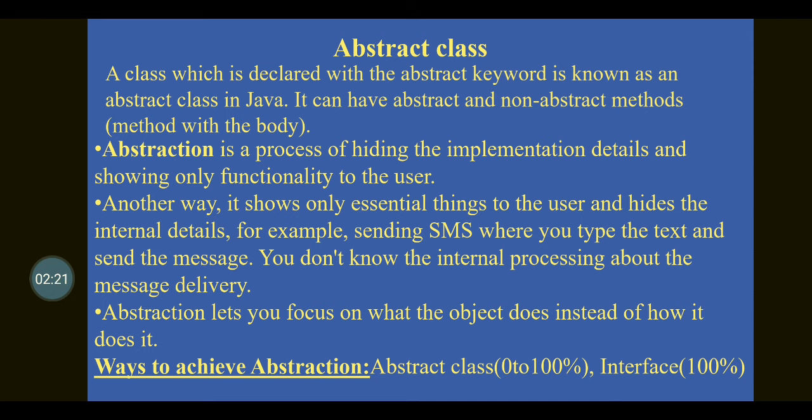When the abstract class contains non-abstract methods, we can say it is not 100 percent abstraction. But in case of interface, it contains only method declarations and does not allow any method definition. So 100 percent abstraction is possible through interface.